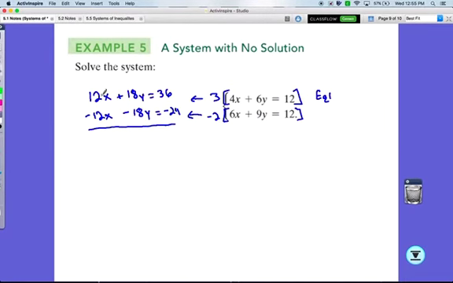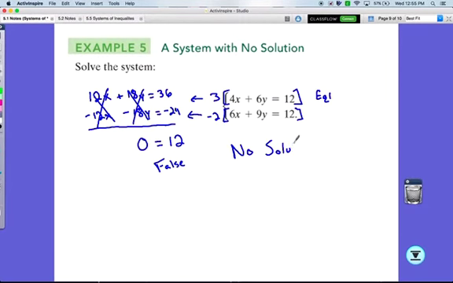The x's are the same but opposite signs, so they're going to cancel out. The y's are also the same except opposite signs, so those are going to cancel out. So the left is equal to 0, and the right, 36 minus 24, is equal to 12. Since 0 is not equal to 12, that statement's false, and that means I have no solution.